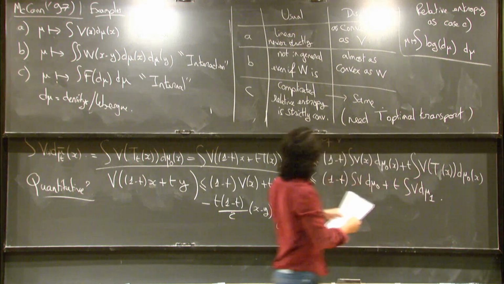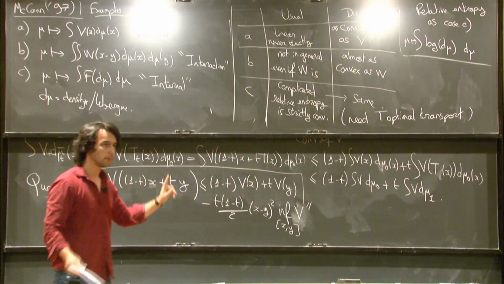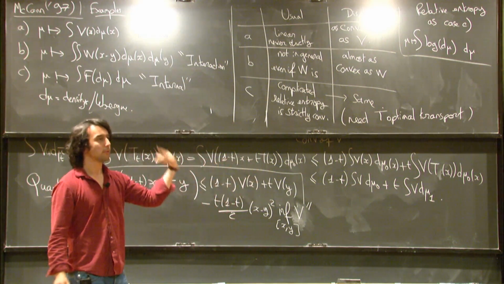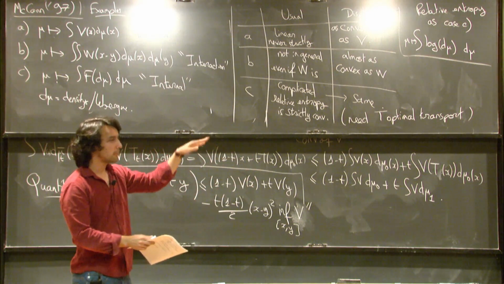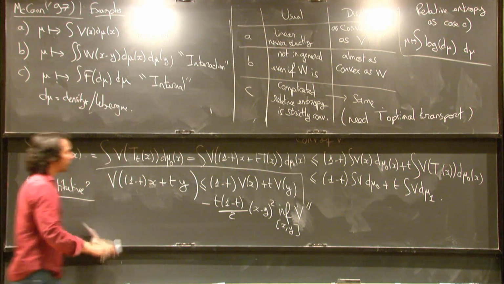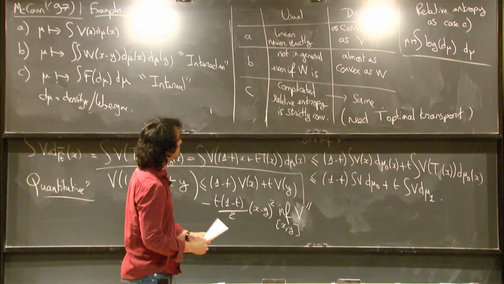So it's true that these computations obviously do not depend on T being the optimal transportation, but if you want the relative entropy to be displacement convex, you're using the structure that the transport map is the gradient of a convex function.